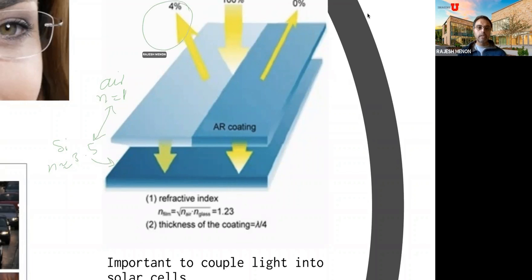So you try to minimize that mismatch. You try to design a coating which has a refractive index in between. So in this example, they're taking a geometric mean, which is the square root of the product of the refractive index of air and the refractive index of glass. In this example, they use glass, so I can use glass as well. In that case, it's 1.5, right? Something like that.